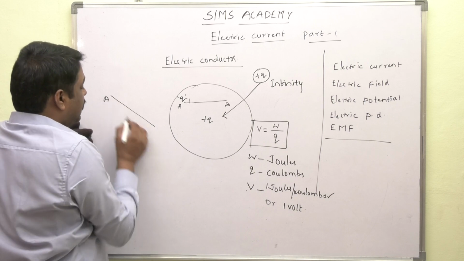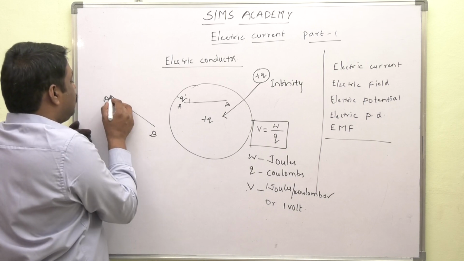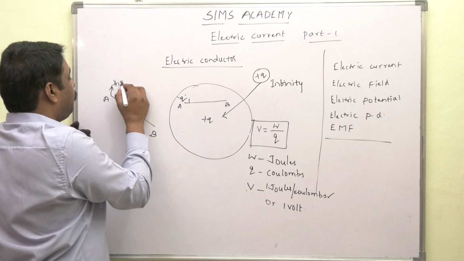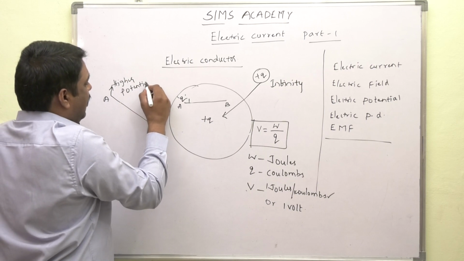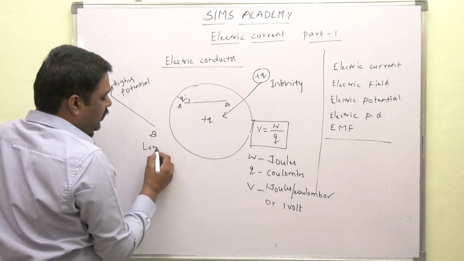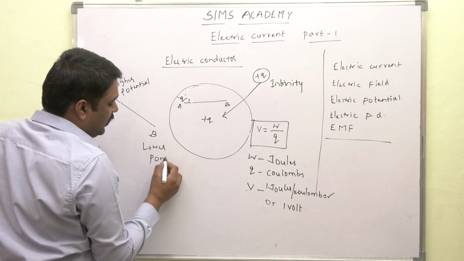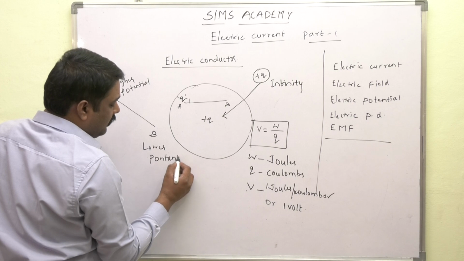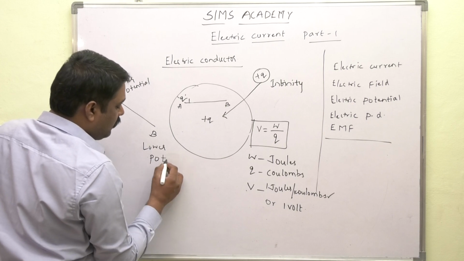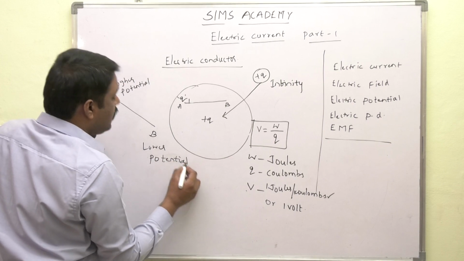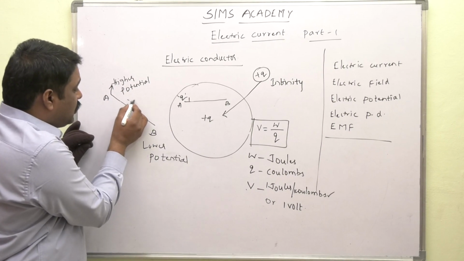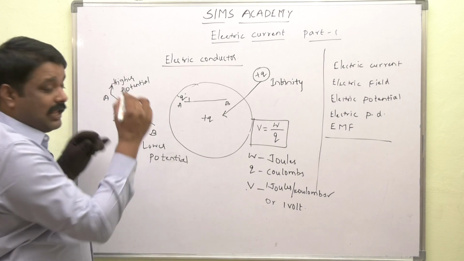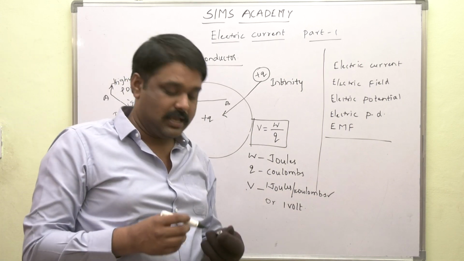If one end of the conductor is at a higher potential and the other point is at a lower potential, then only the charge flows. Whenever the charge flows, current exists in the conductor.